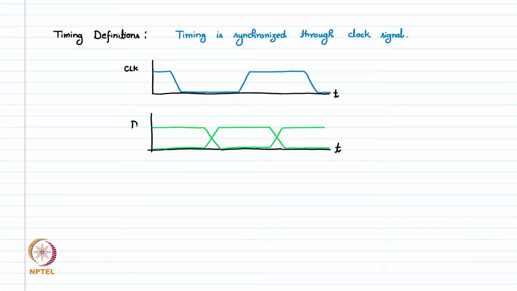This is D, and this is the duration where the data is not changing. It means the data is stable here.